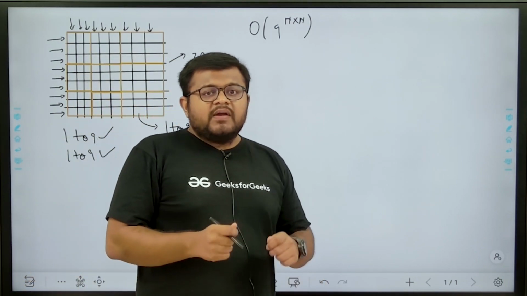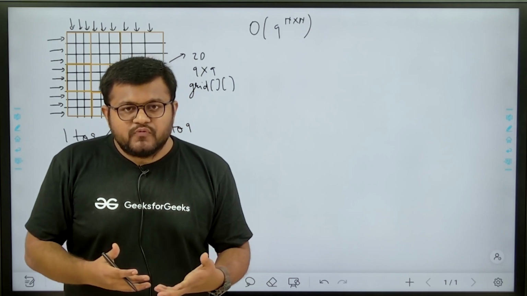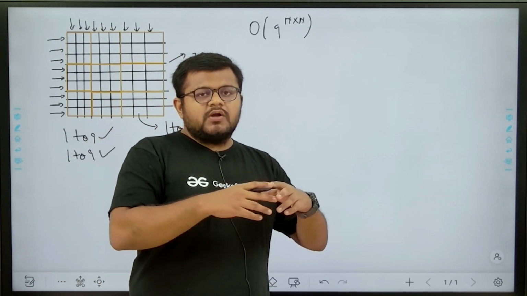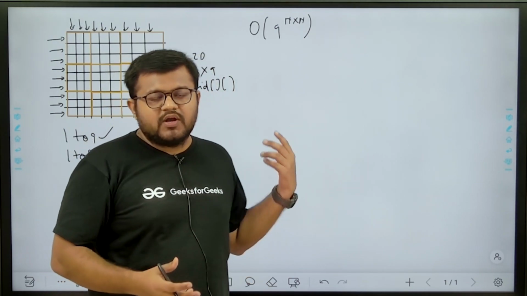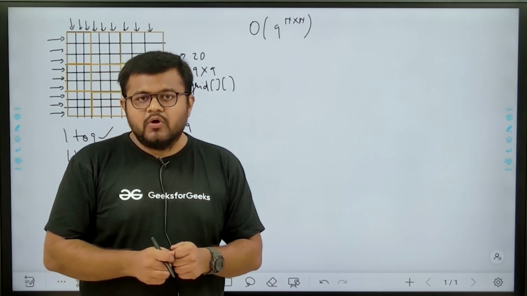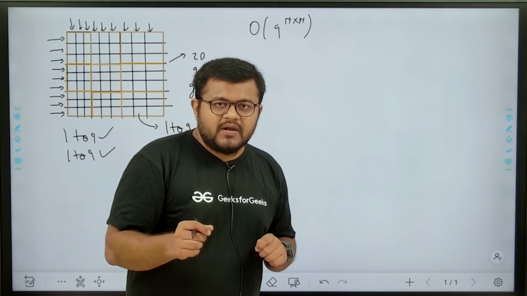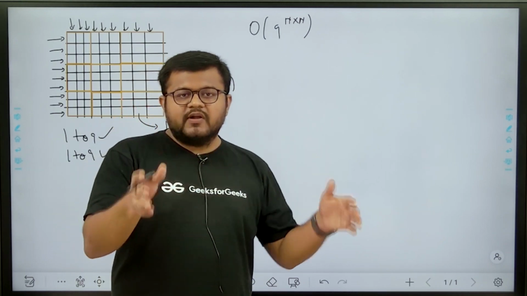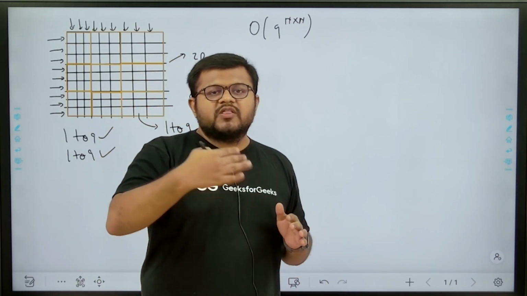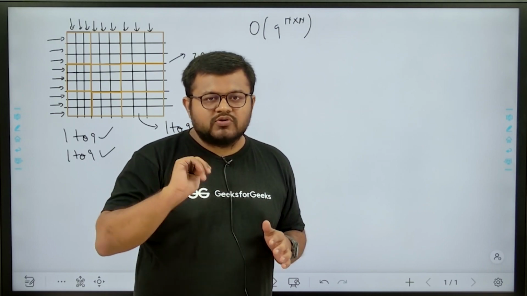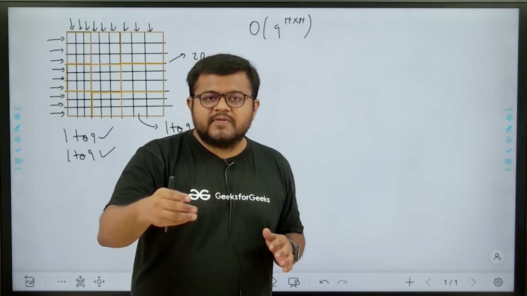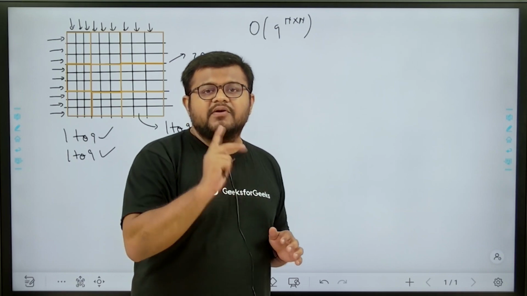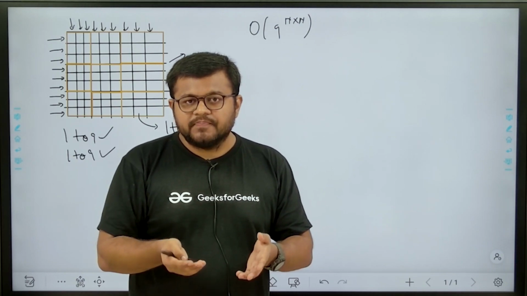Now if I try solving this question using brute force, it means that I will generate all the possible configurations of this incomplete Sudoku, placing each and every possible number, and for all the configurations which I get finally after filling in the Sudoku, I will check whether they satisfy the three conditions for a solved Sudoku. If any one of them satisfies, I return true, otherwise I'll return false, right?